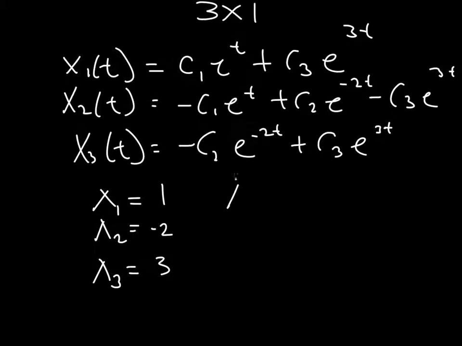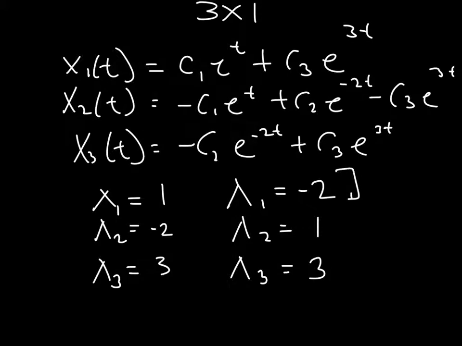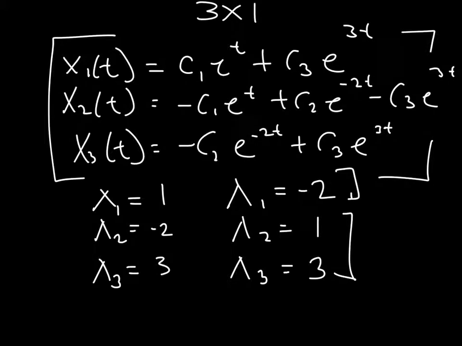But they said lambda 1 is negative 2, lambda 2 is 1, and lambda 3 is 3. They just wanted to put the negative first and then work with the positives. Either way, the order doesn't matter. You still have the same general solution. And there's no initial condition, so this is your final answer. And finally, the end of number 22.